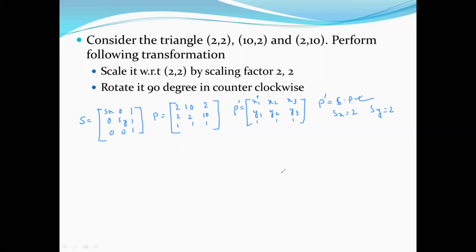So if I write it, P dash is equal to the matrix 2 0 0, 0 2 0, 0 0 1. I am substituting the scaling factor, and then we write the point matrix 2 2 1, 10 2 1, 2 10 1.